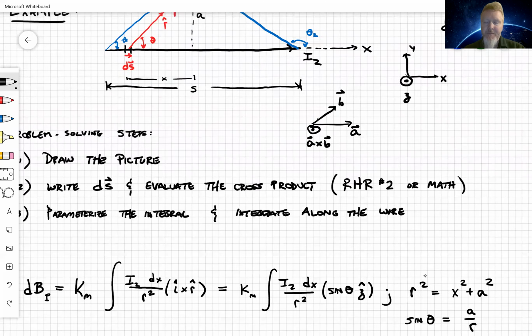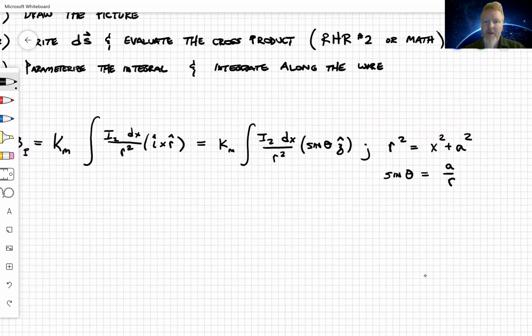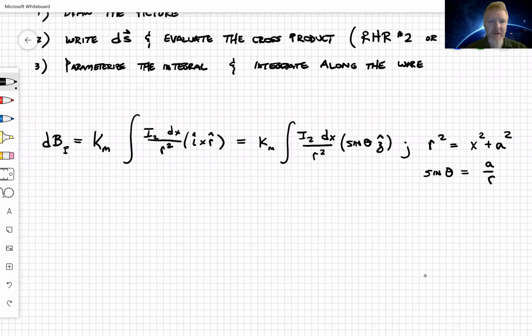Okay. So then, lo and behold, if I transform a bunch of this stuff, I have the magnetic constant here. We will get back to that, don't worry. What do I have? I have I2, I have dx, I have 1 over r squared and a sine of theta, which is a over r.